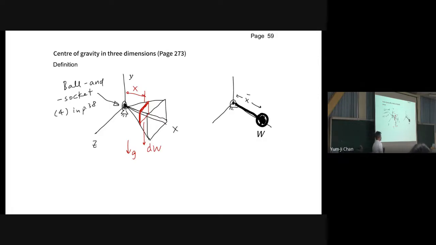Now, we want to determine the centroid of 3D objects. And we want to determine the center of gravity of 3D objects.